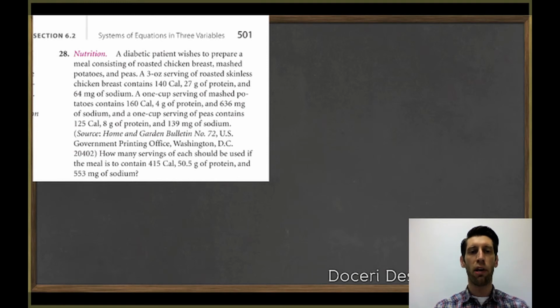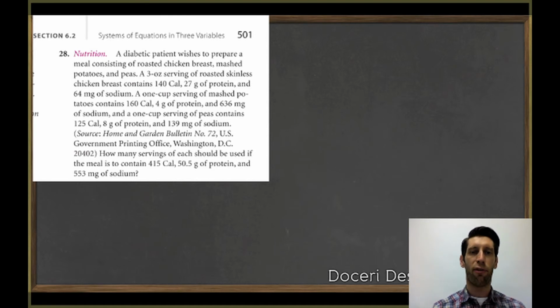And finally, a 1-cup serving of peas contains 125 calories, 8 grams of protein, and 130 milligrams of sodium. So we want to know how many servings of each should be used if the meal is to contain 415 calories, 58.5 grams of protein, and 553 milligrams of sodium.